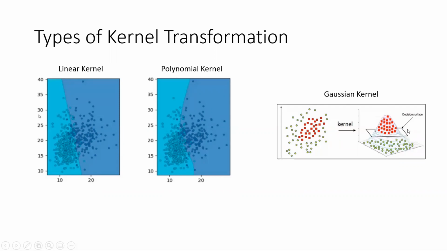We have something called the decision surface, which achieves the separation between the two classes of data, the red class and the green class. So in case your data is not linearly separable, or has many complications, you apply this sort of transformation process to make it linearly separable, and then you run the SVM algorithm.